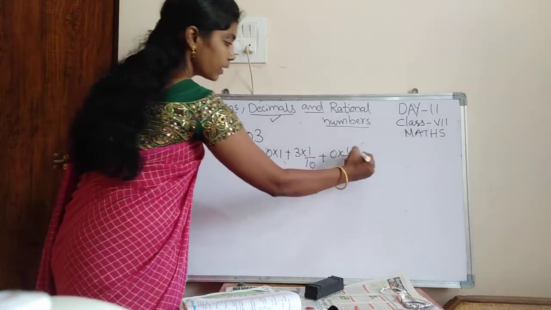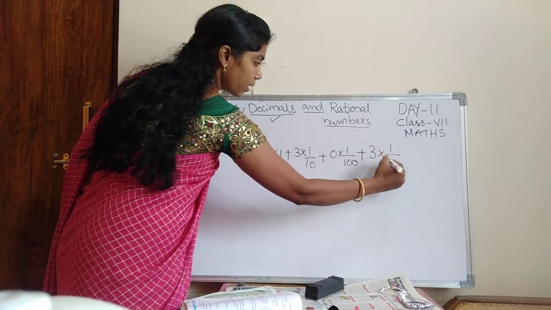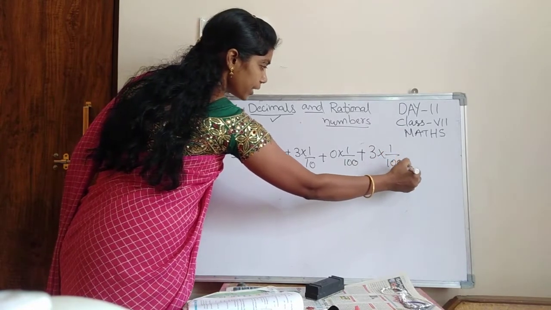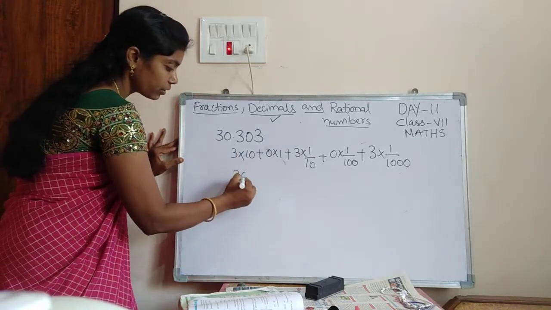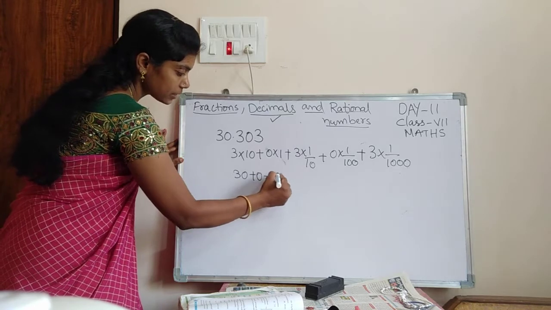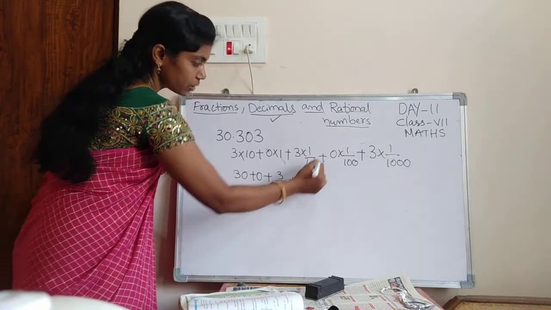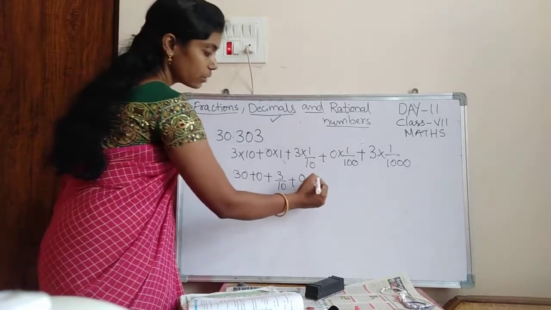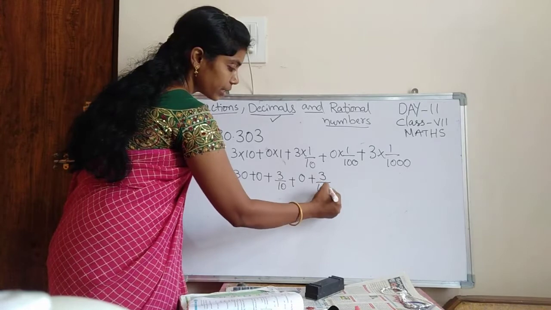Plus the last one is 3 into 1 by 1000. Isn't it? Now 3 into 10 is 30, plus 0, plus 3 by 10, plus 0. 0 multiplied by any number is 0, plus 3 by 1000.